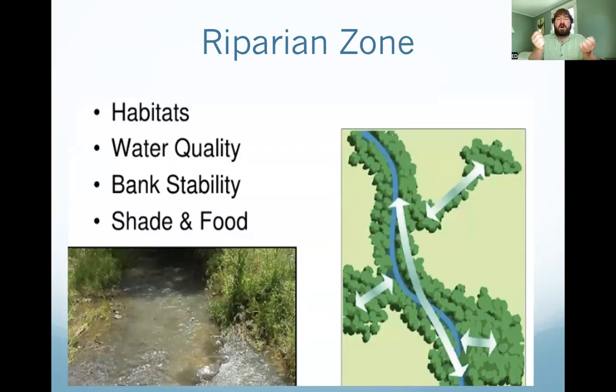Those roots in the banks are going to create some resistance to erosion, create some bank stability. And those plants and trees are also going to provide organic matter, leaves into the system, and also provide shade to keep the river cool. So the area right around the river plays an important role in what we actually see in the channel itself.